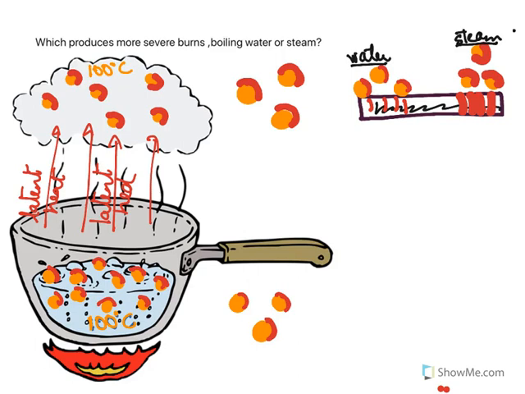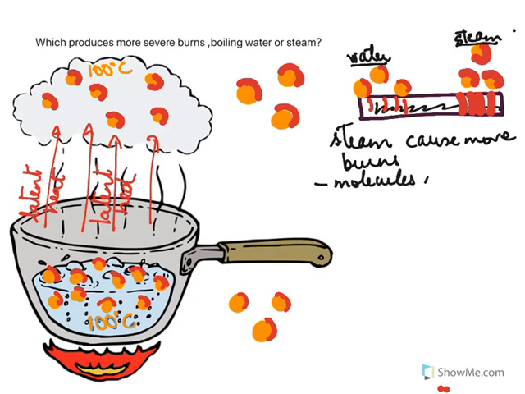So which will cause more burns? We see that steam causes more burns. And why does it cause more severe burns? Because the molecules have more kinetic energy, hence they release more heat.